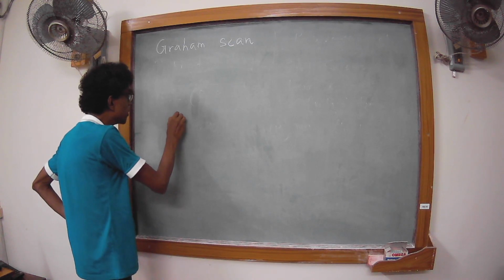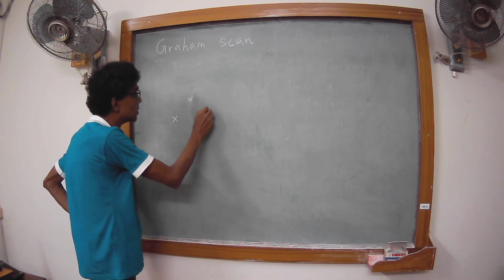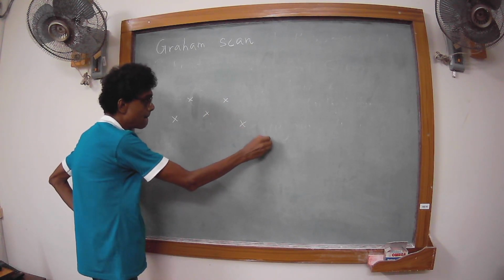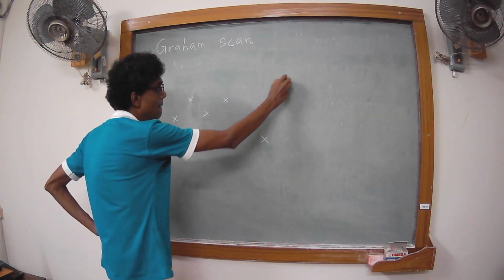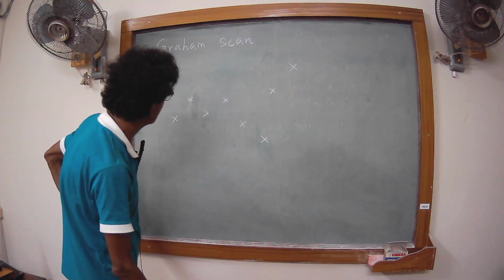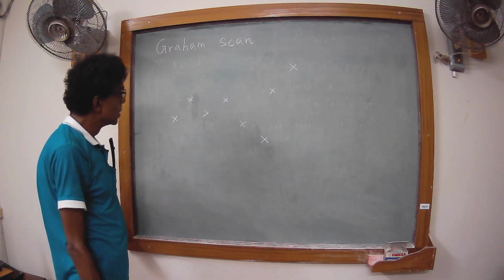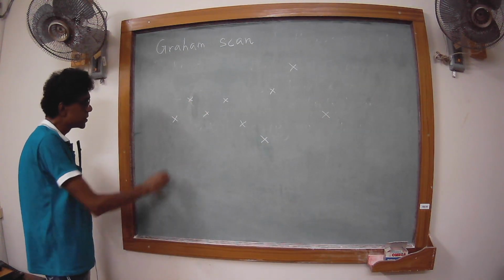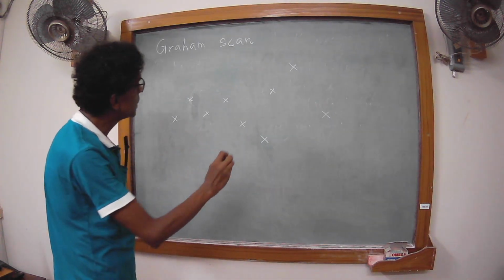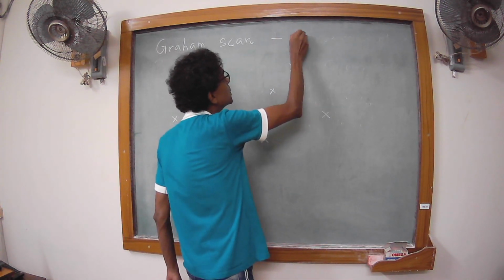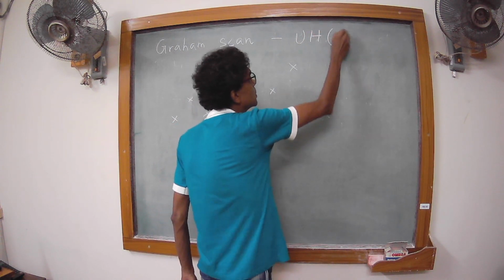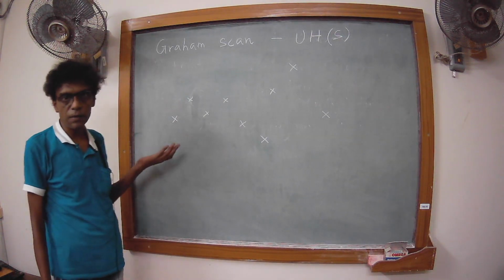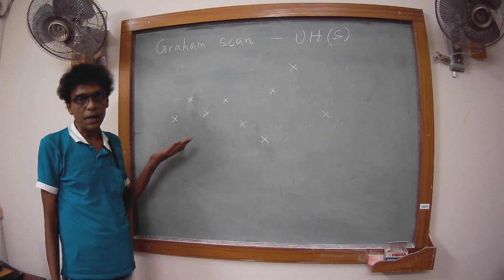So suppose these points are sorted like this. Let's say these are the points. First of all, Graham scan I will explain in terms of the computation of the upper hull. You can very analogously apply the algorithm to construct the lower hull.